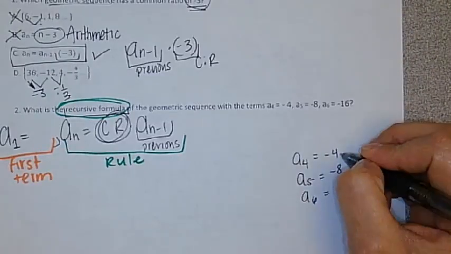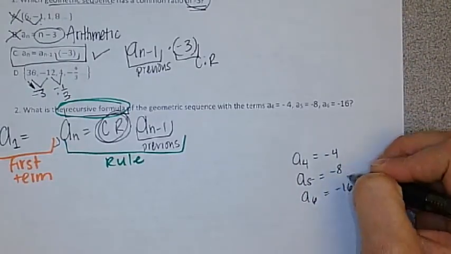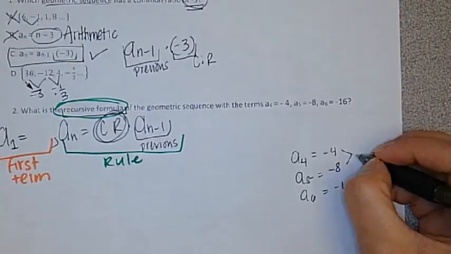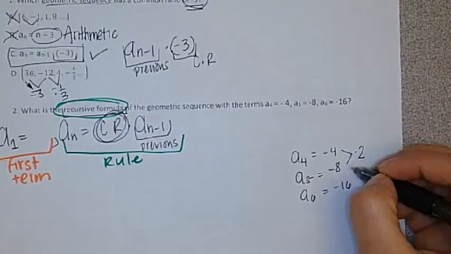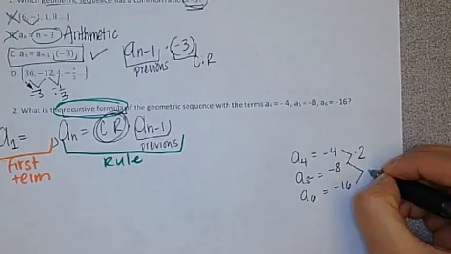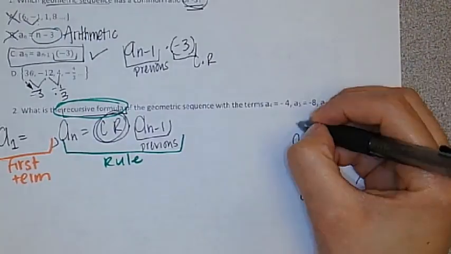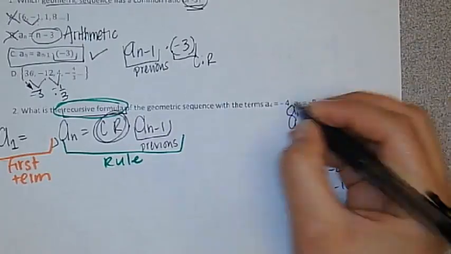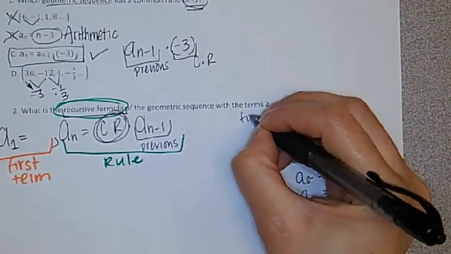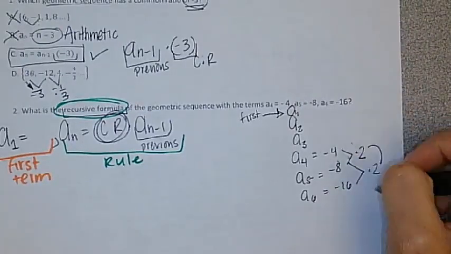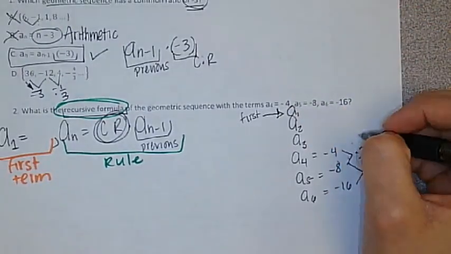I know that from -4 to -8, I had to do times 2. And from -8 to -16 is also times 2. So if I want to reverse it to get the first term, instead of times 2, I can divide by 2 or times 1/2.